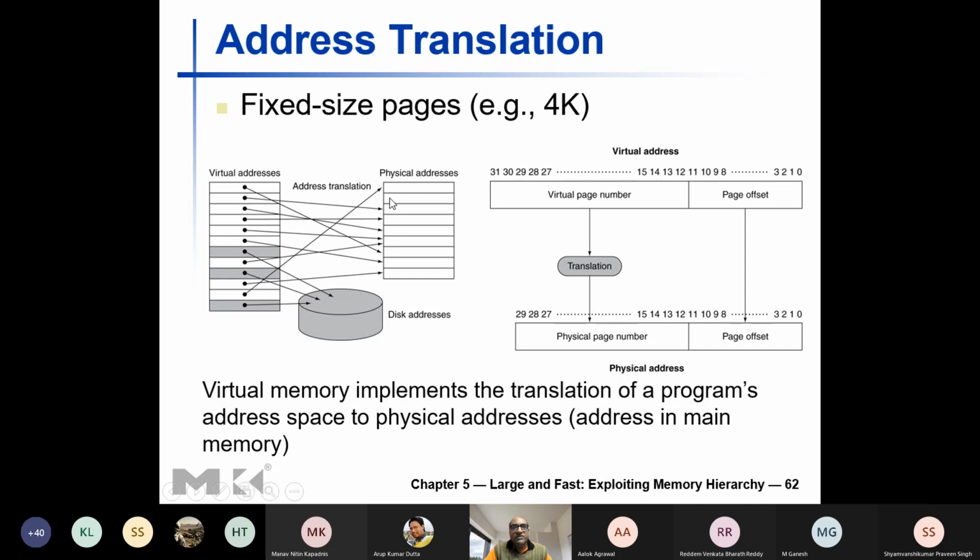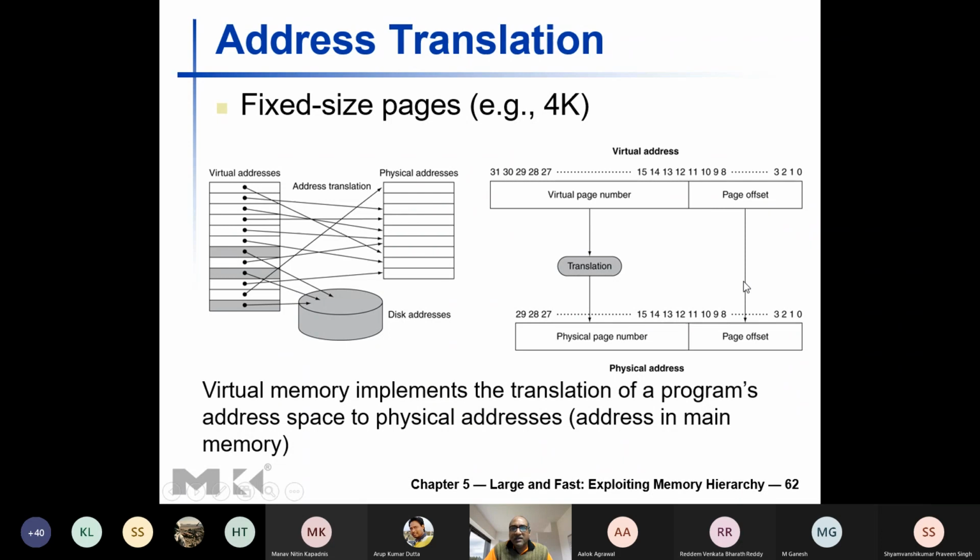Then we have to see whether that particular physical address is present in the main memory or not. That means that particular page is present there or not. If it is there, then you can access. If it is not there, then we'll bring it from the disk and place it, and later on we'll execute that. So how do we do that?